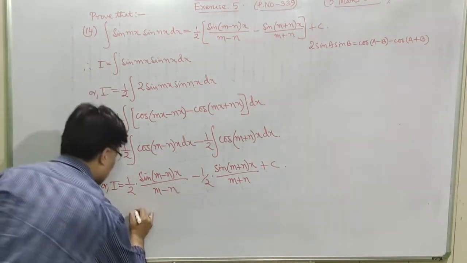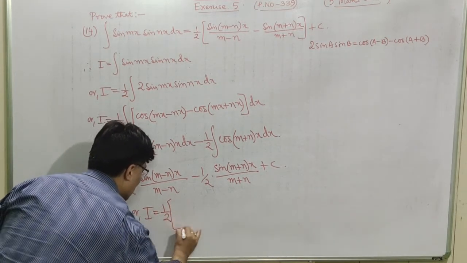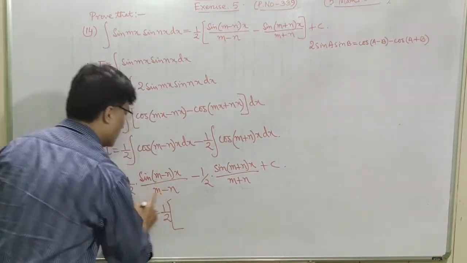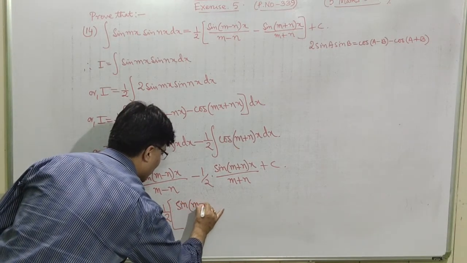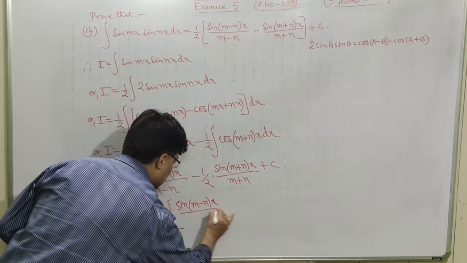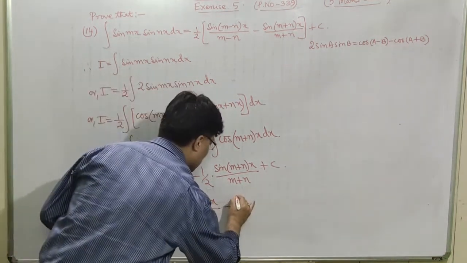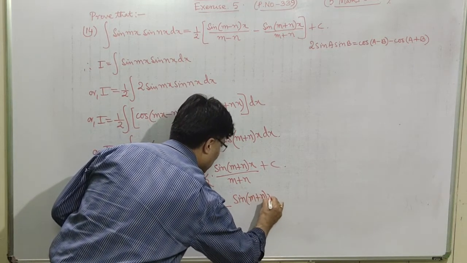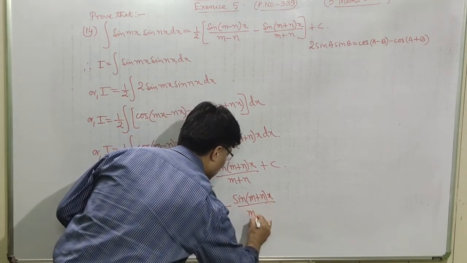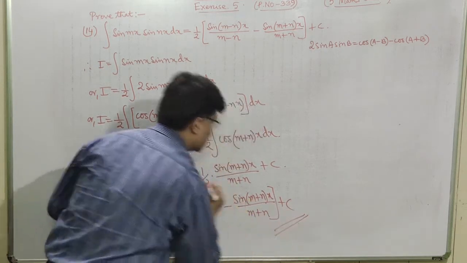So we can take common here. Half is common. So within third bracket, what do we get? Sin of (m minus n) into x divided by (m minus n), minus sin of (m plus n) into x divided by (m plus n), third bracket closed, plus c.